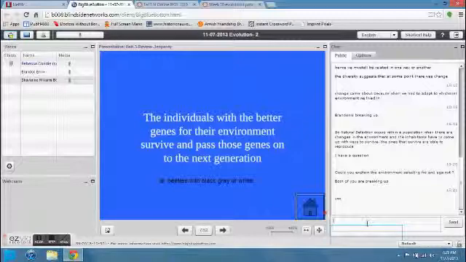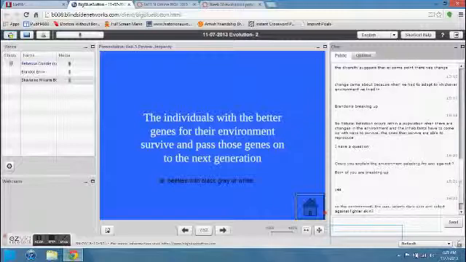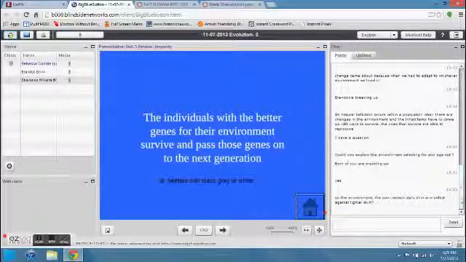So the environment, meaning the places close to the equator where there's lots of sun, those environments select or prefer people who, so the environment, the sun, selects dark skin and selects against lighter skin.